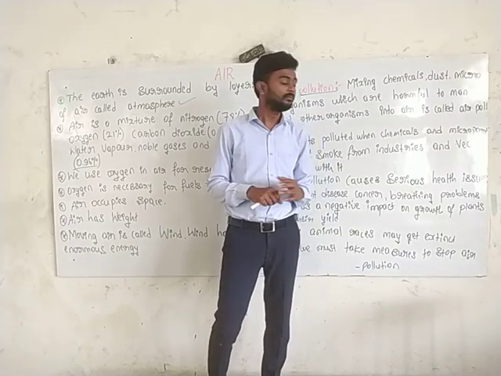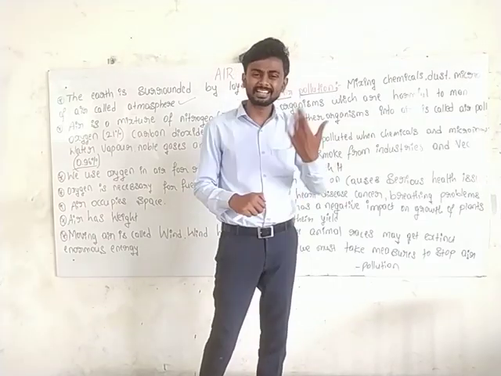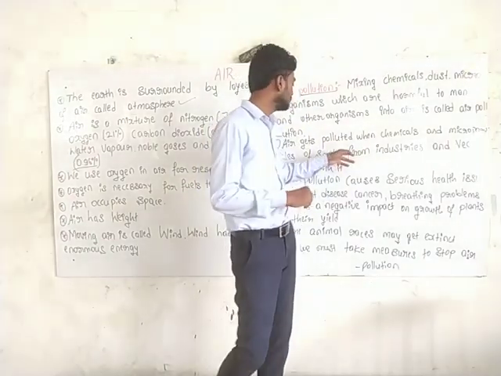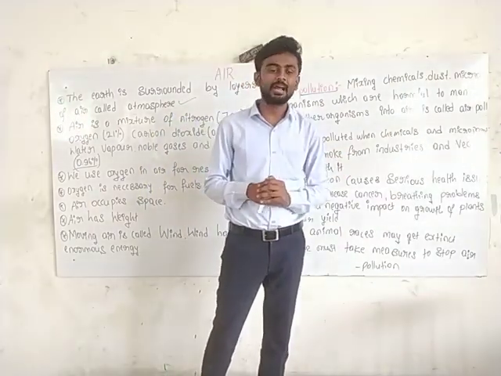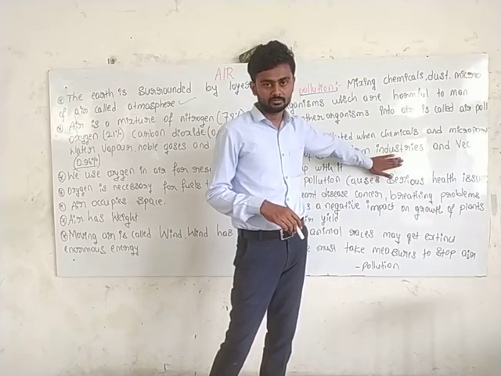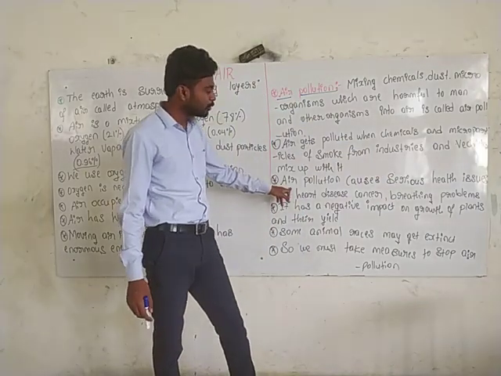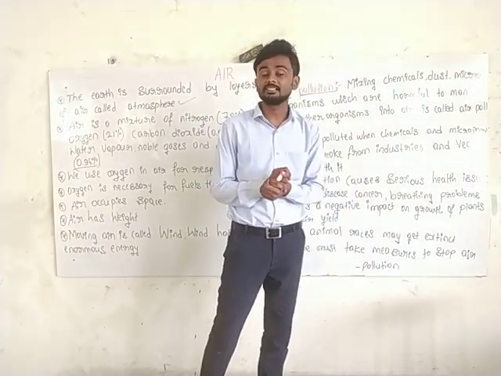You can see, first of all, the air gets polluted when the chemicals or industrial wastes and the vehicles' bad smoke are mixed with the good air. That time it becomes air pollution. It forms air pollution.